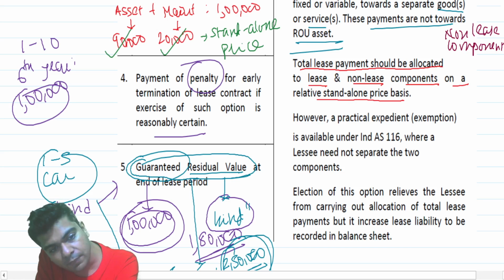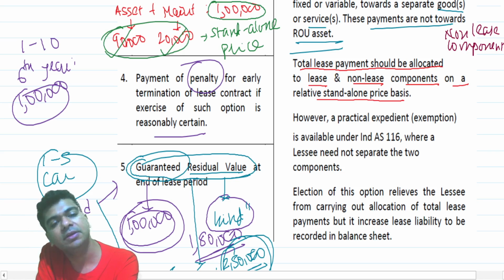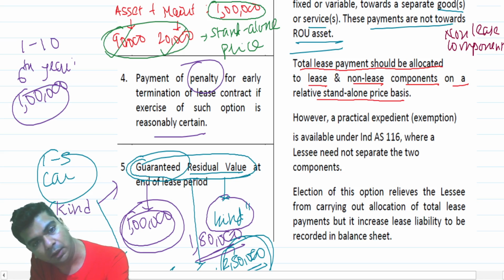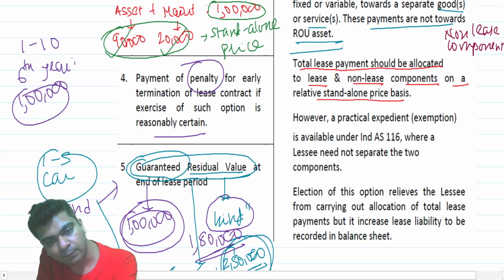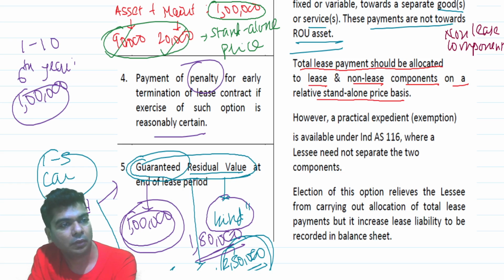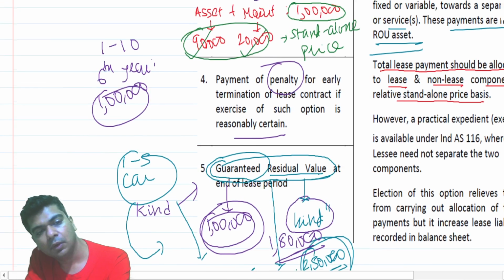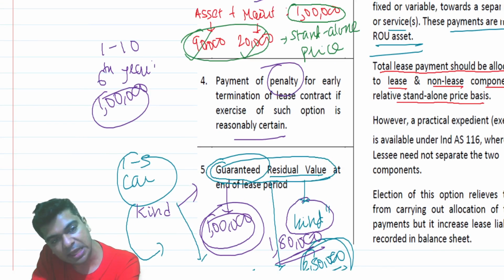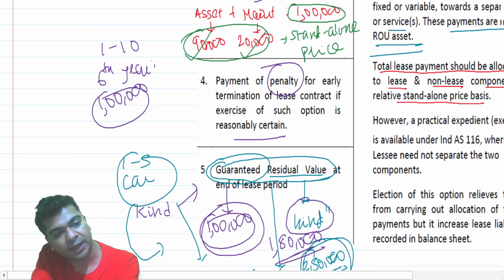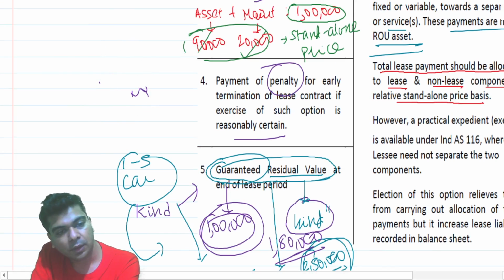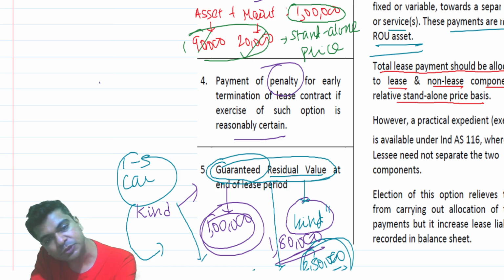So on the basis of the stand-alone prices, I should bifurcate this 1 lakh. You get my point over here? So what will happen here is, I'll use this as a ratio. The stand-alone prices will be used by me.